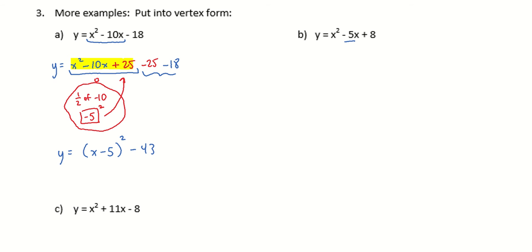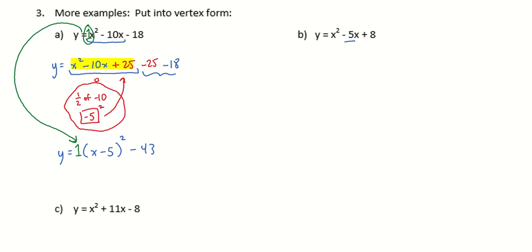So notice that in the first thing, the a value at the front before the x squared is the same as the a value down there. So the a value never changes. Whatever a is in standard form, it's also in vertex form.